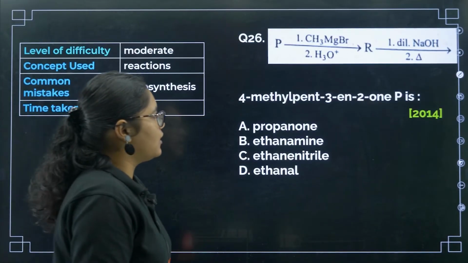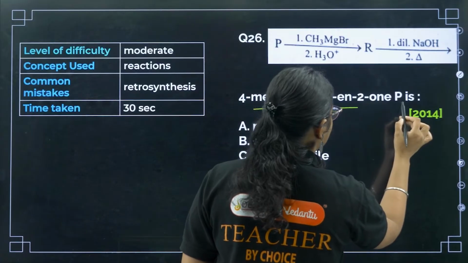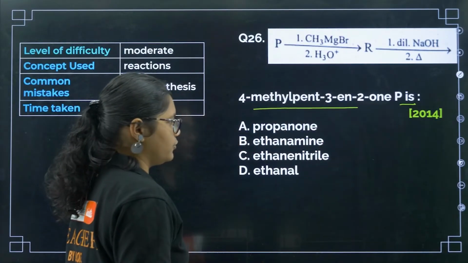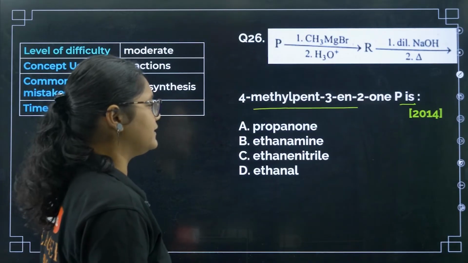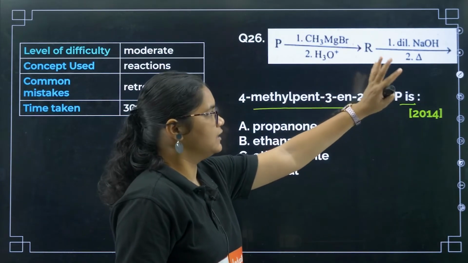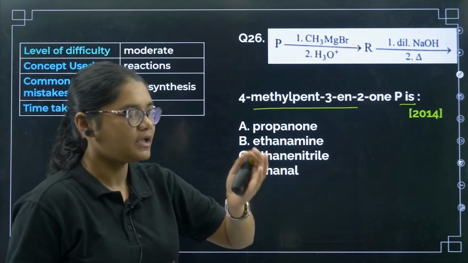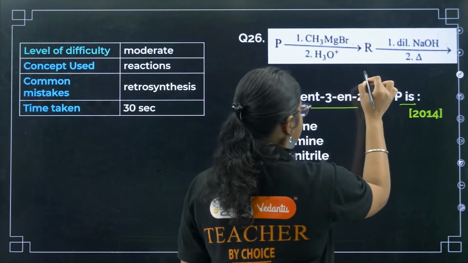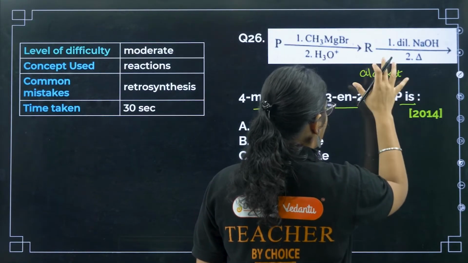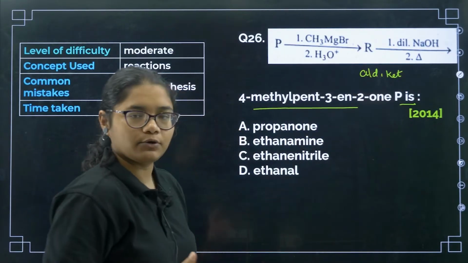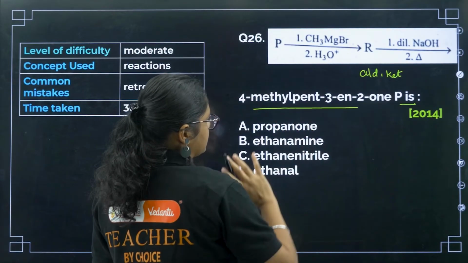Next, again, the reaction is given and the product is given to you, and you need to find the reactant. First of all, dilute NaOH and heating is done. That confirms that this must be an aldol condensation. If it is an aldol condensation, then R has to be either an aldehyde or a ketone, right? Next, there is a Grignard reagent and the reaction is happening.